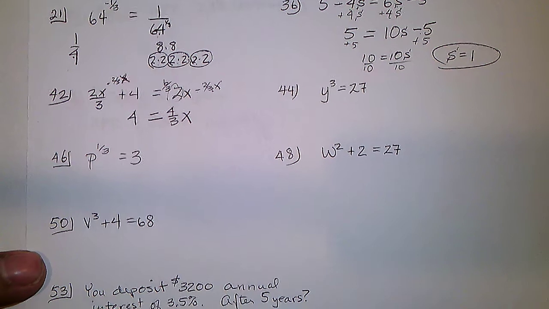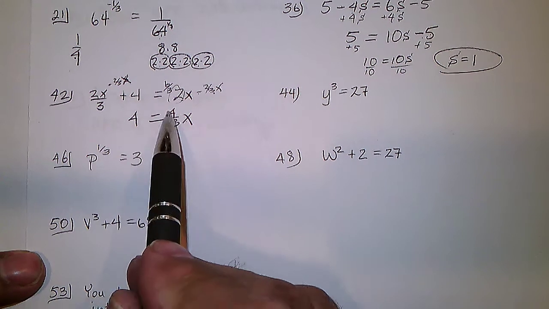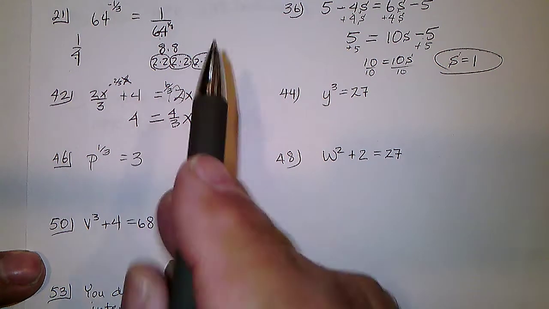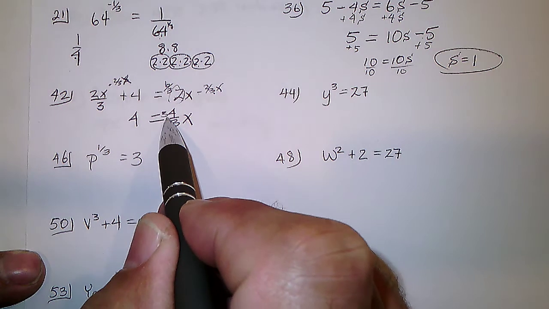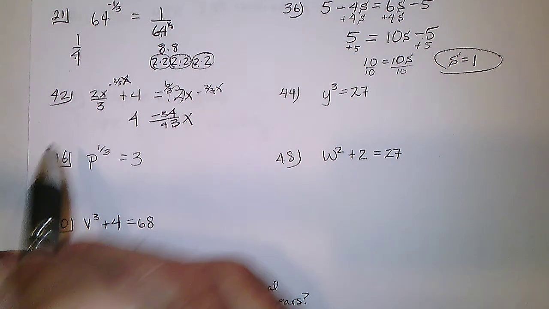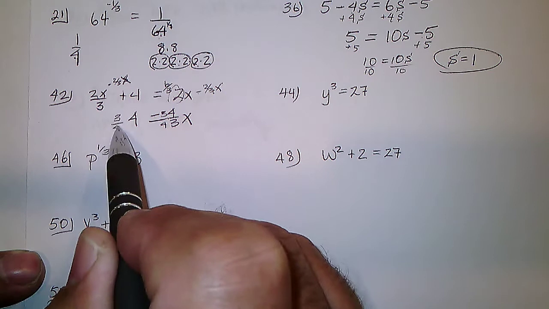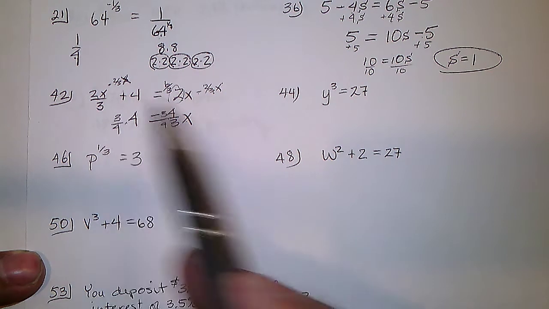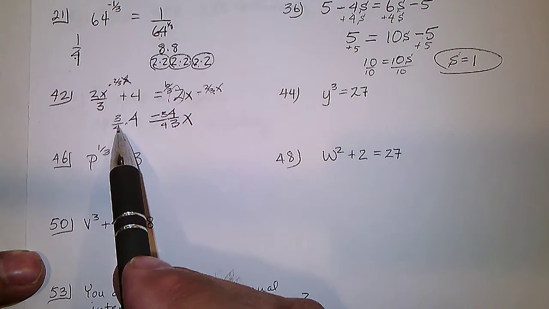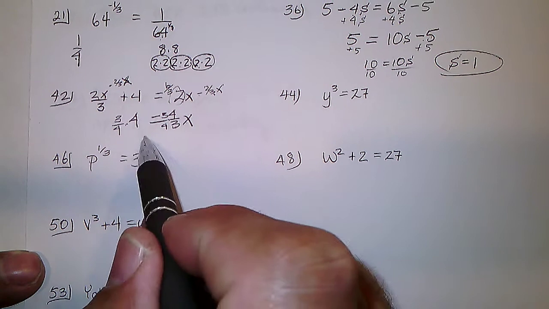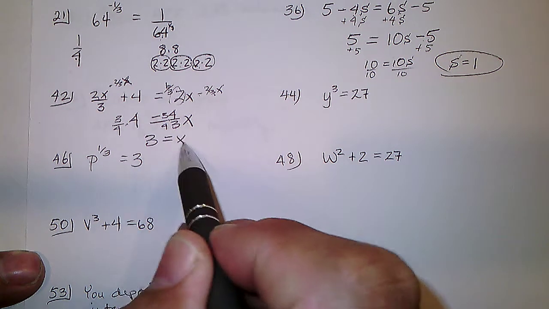Now to finish solving for x, this x is times 4 divided by 3, so we do the opposite: times 3 divided by 4. So 4 divided by 4 is 1, times 3 is 3, equals x.